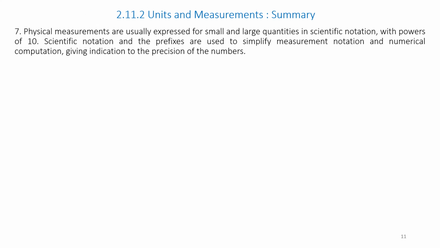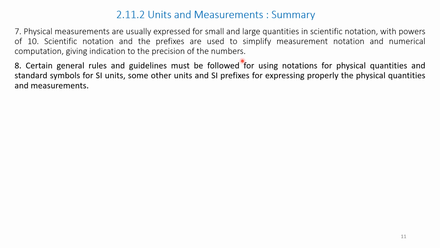Physical measurements are usually expressed for small and large quantities in scientific notation with powers of 10. Scientific notations and prefixes are used to simplify measurement notations and numerical computation, giving indication to the precision of the numbers.